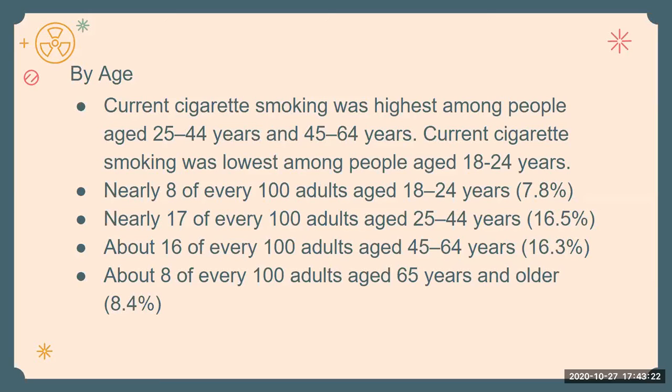About 17 out of every 100 adults aged 25 to 44, 16.5%. About 16 of every 100 adults aged 45 to 64, 16.3%. And about 8 of every 100 adults aged 65 years or older, 8.4%. Next slide.